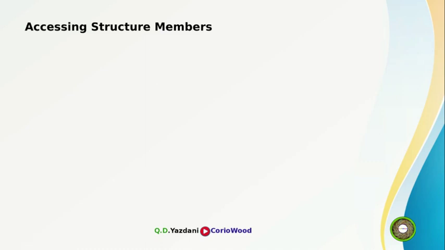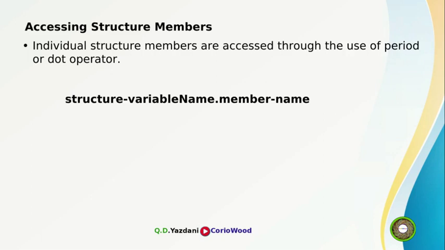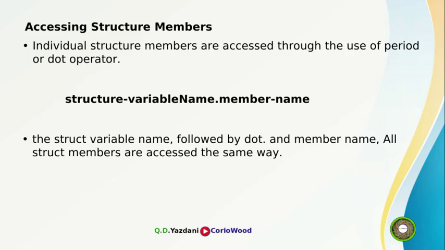If you look in here, accessing the structure members: individual structure members are accessed through the use of the period or dot operator. So that's a variable name, and when you put a dot in between, it means you can access the member. The struct variable name followed by a dot and member name; all struct members are accessed the same way.